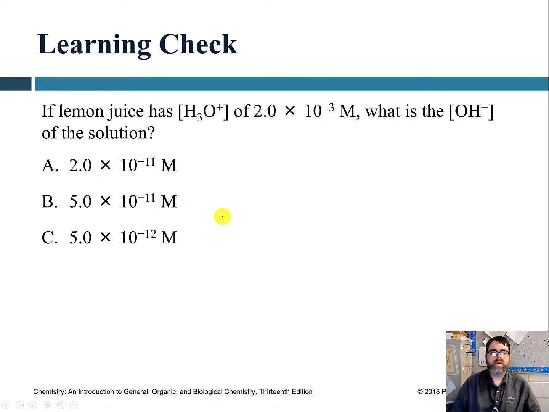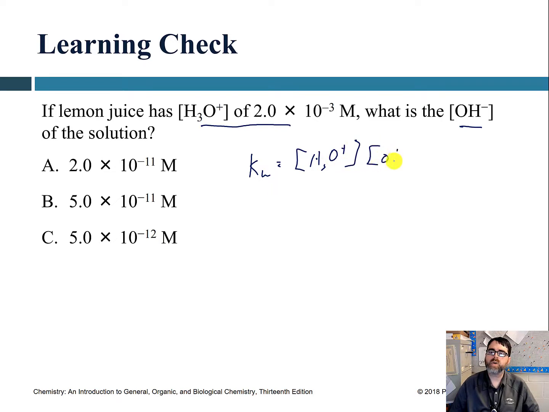Anyway, here we're doing another problem just like that one, and so I'm going to work this one out. I didn't bring my formula over here this time, but here we're given the H3O plus and we're asked to solve for the OH minus. If you go back and look at the formula, remember Kw is equal to the concentration of H3O plus times the concentration of OH minus.